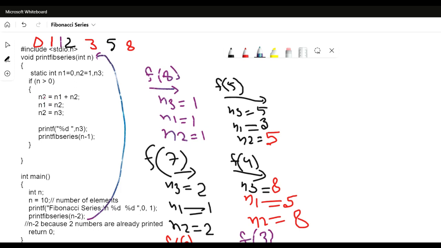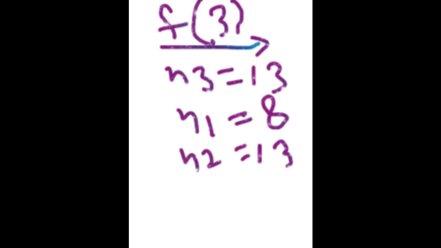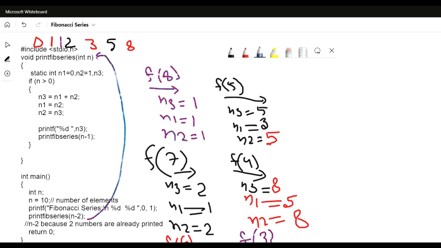Now we know the value of n3 is n1 plus n2. So here n1 plus n2, 8 plus 5 means 13. And we assign the value of n2 to n1 and the value of n3 to n2.